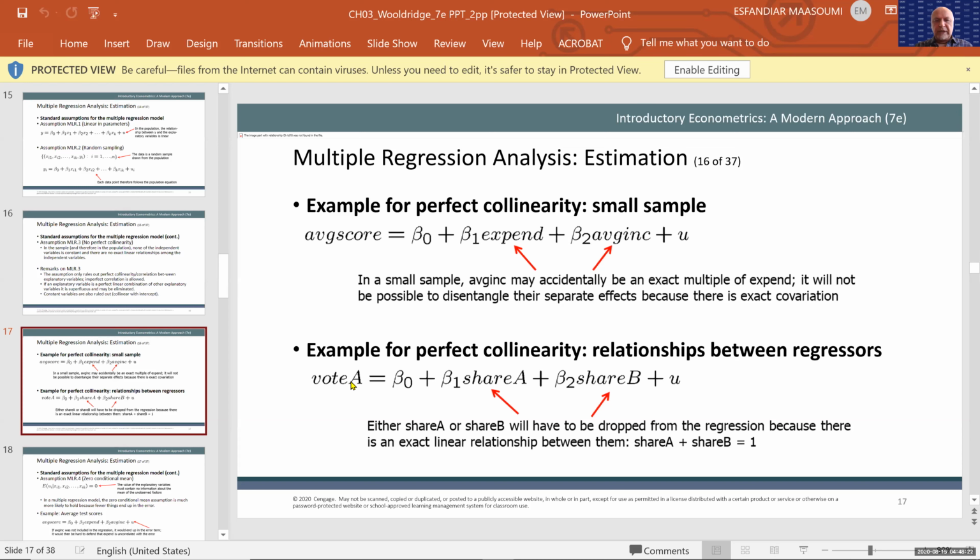Think of putting here, for this other example we've encountered before, percentage of vote for candidate A as a function of share of campaign funds on A and candidate B. The total is 1, right? 30%, 70%, 50%, 50%. And so these two always add up to 1.